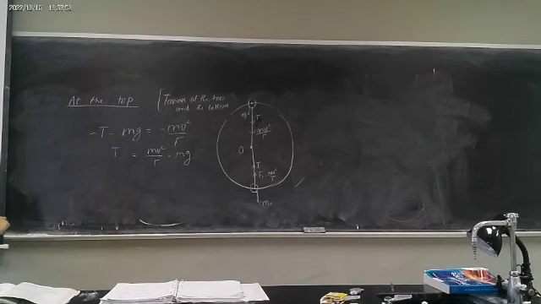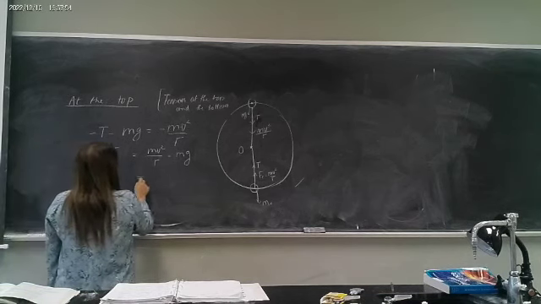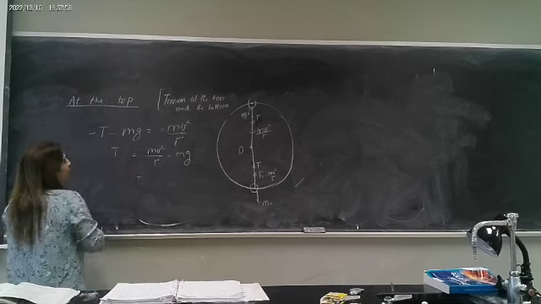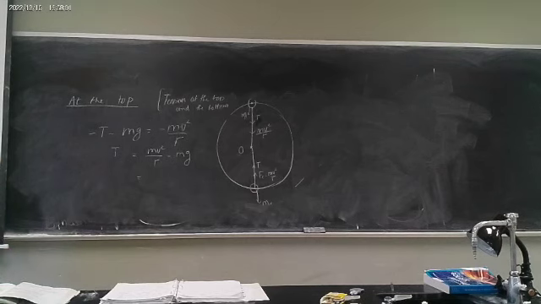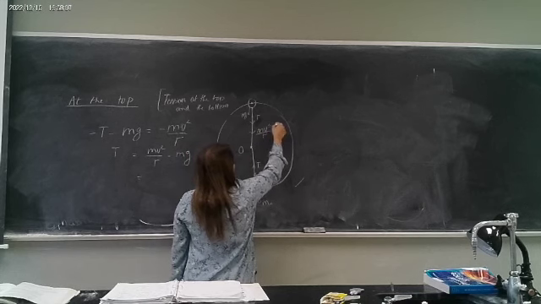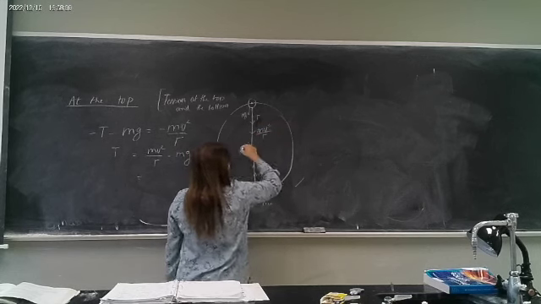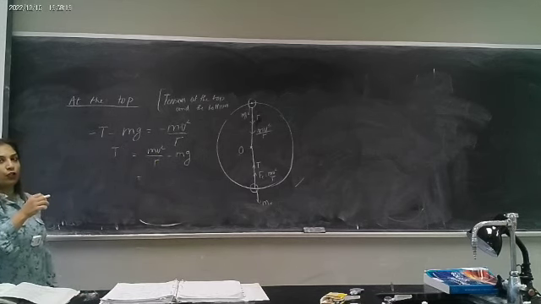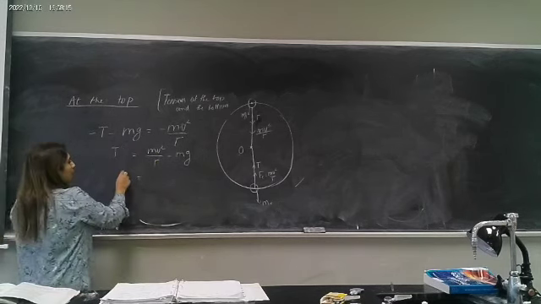All right. So at the top location, since mg is already directed downward, it's providing enough centripetal force to keep it at the center. So the minimum value of tension at the top location would be 0.